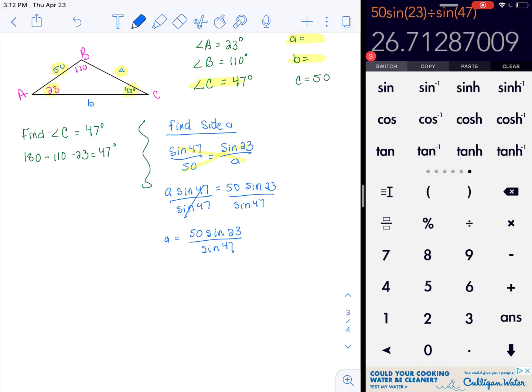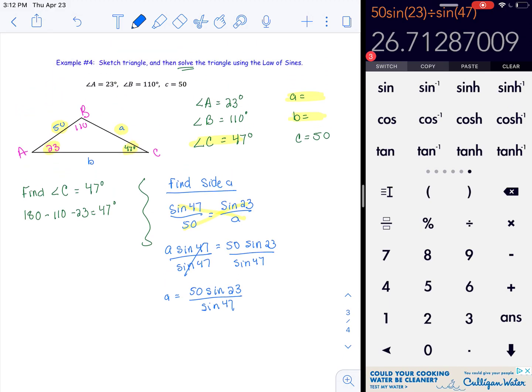Hit equals, and I get 26.71. So I now know that side A is 26.71. And then my last thing that I need to find is side B.